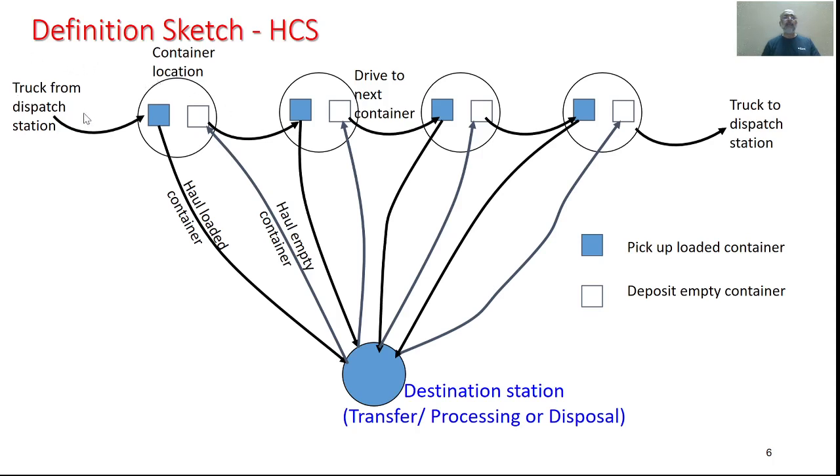At the start of the day, or at the start of the collection schedule, the vehicle approaches from the dispatch station, from the garage of that urban local body. It comes to the first container location. It picks up the loaded container, hauls it to the destination point, and spends time emptying the content there.